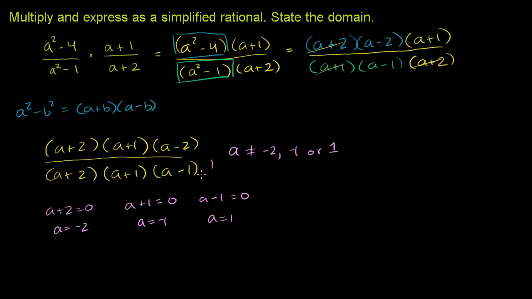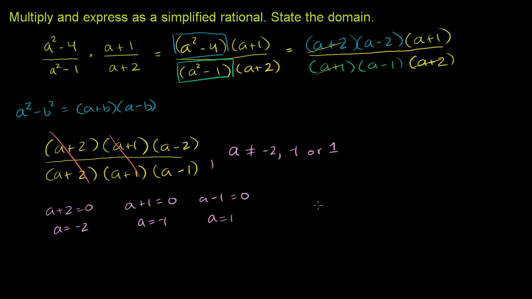We'd have to add that caveat. Now we can simplify. We have an a plus 2 over an a plus 2. We know a is not going to be equal to negative 2, so that's always defined, and when you divide something by itself, that's just 1. Same thing for the a plus 1 over the a plus 1. All you're left with is an a minus 2 over a minus 1.